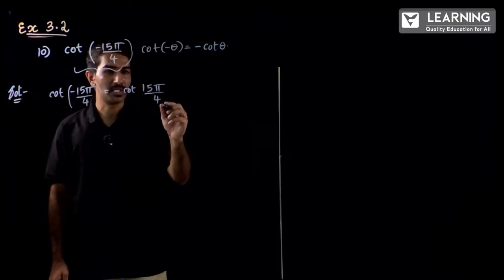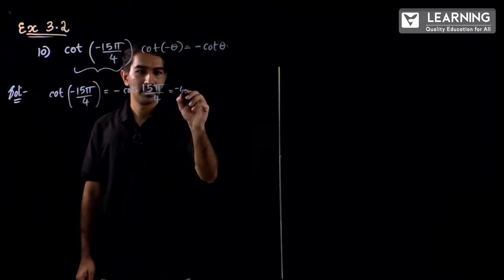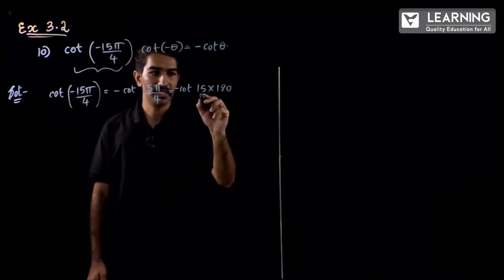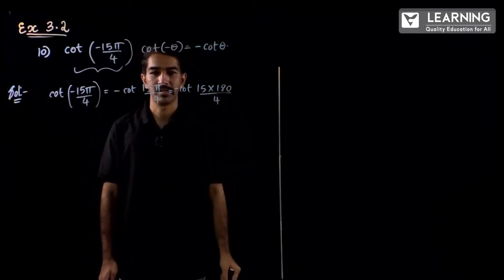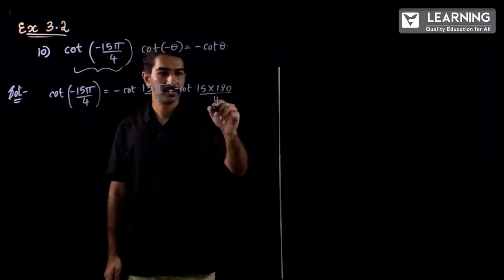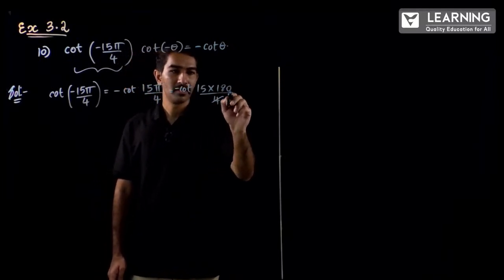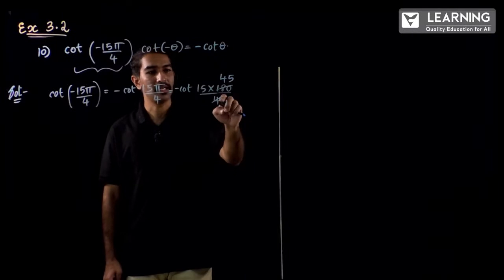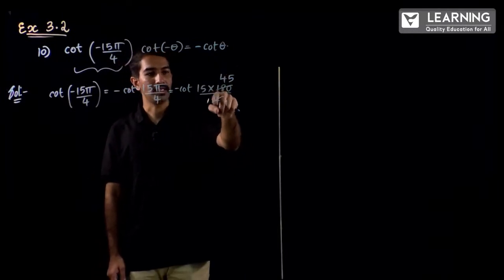Converting this into degrees, students, this will be equal to minus cot 15 into 180 divided by 4. 4 into 45 is 180, yes.